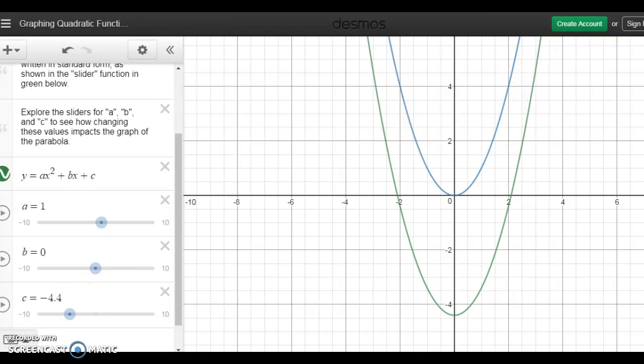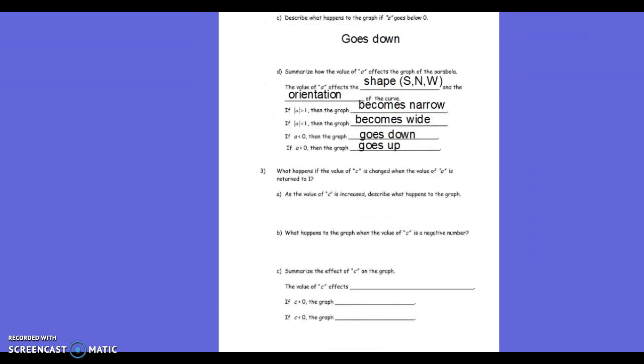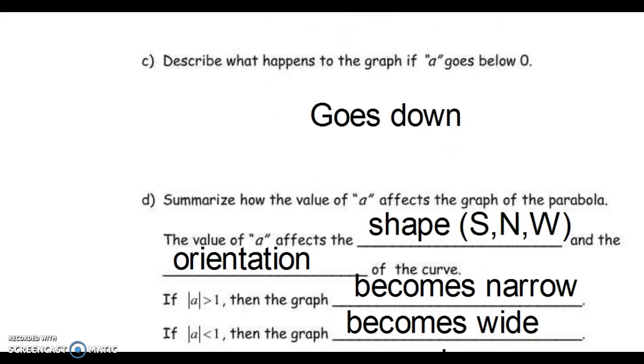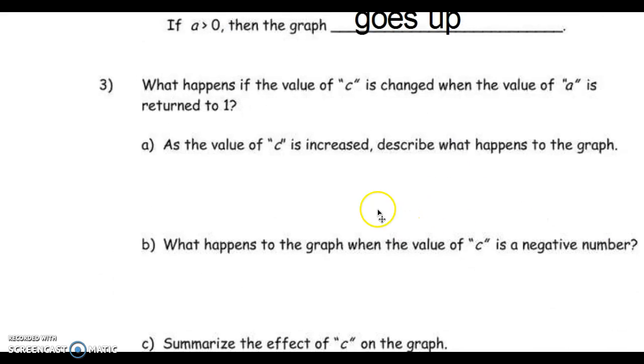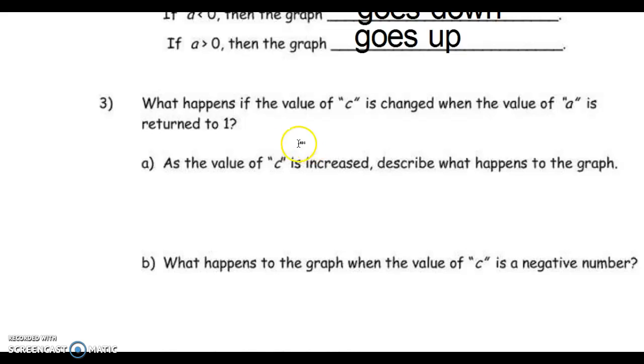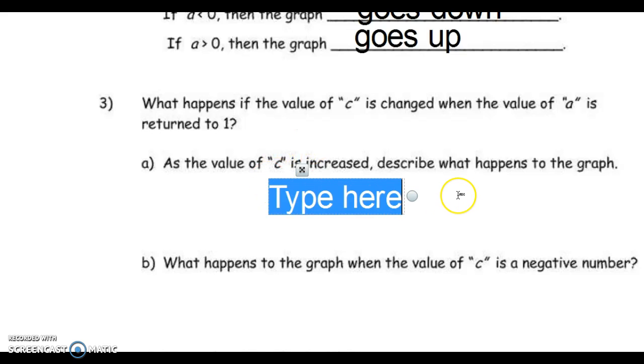So let's answer those questions. Let me blow this back up for you. And again, I'm going to have 2 questions at the very end. So let me get my text box here. As the value of c increases, what happens to the graph?